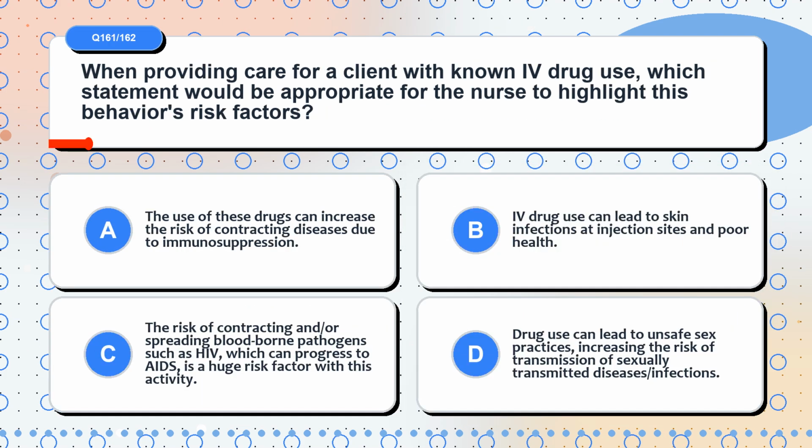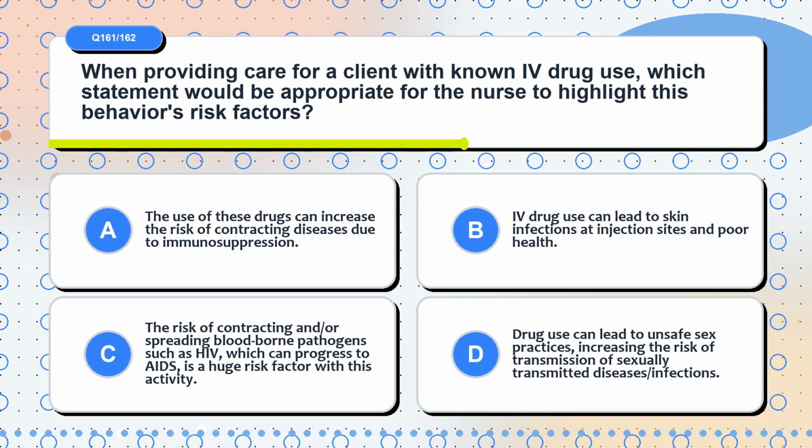Question 161. When providing care for a client with known IV drug use, which statement would be appropriate for the nurse to highlight this behavior's risk factors? Option A. The use of these drugs can increase the risk of contracting diseases due to immunosuppression. Option B. IV drug use can lead to skin infections at injection sites and poor health.